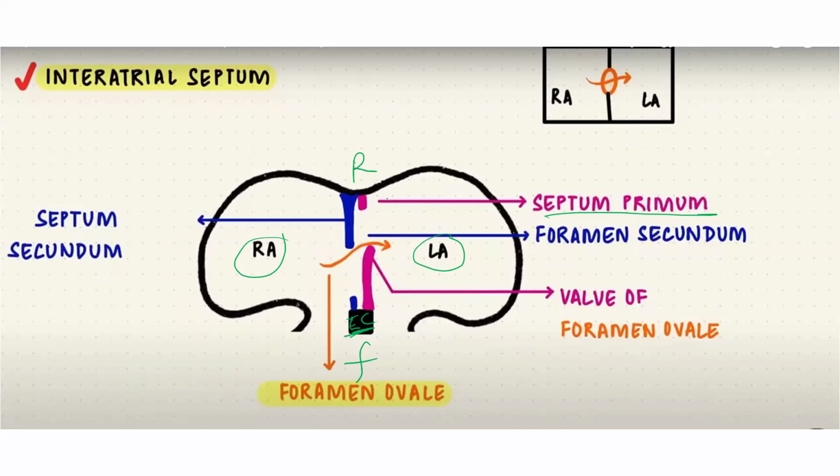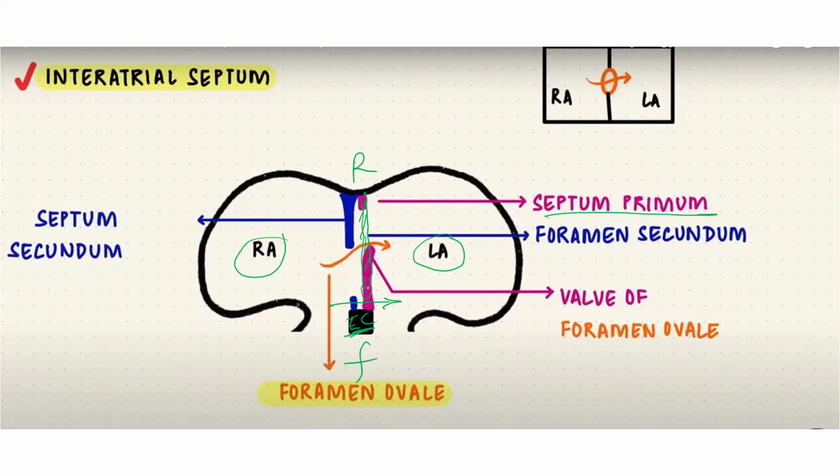Initially, from the roof, the septum primum will grow downward like that. So initially, the only foramen will be just at the bottom of the septum primum, and that will be the foramen primum.